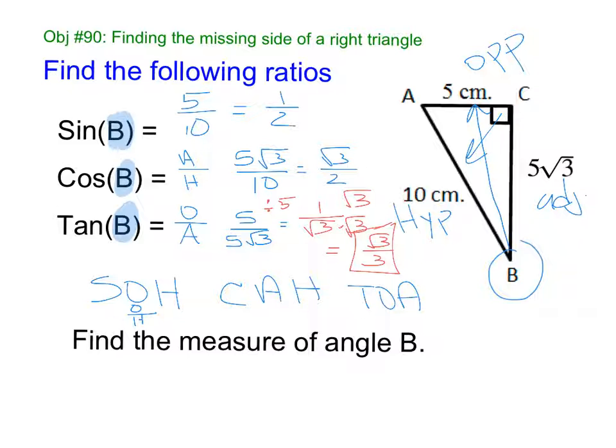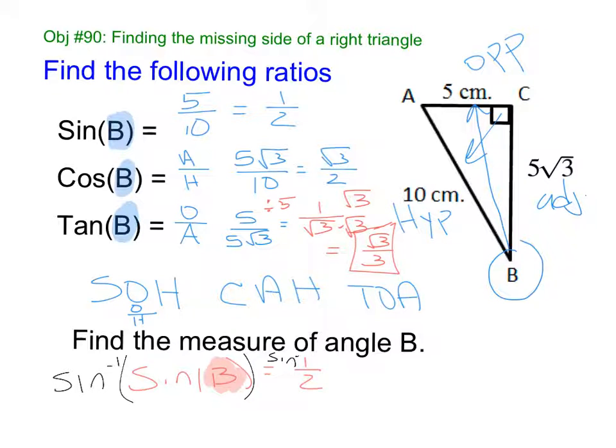Now it says find the measure of angle B. So pick any of the problems that you just solved. I'm going to use sine because it looks like it's going to be the easiest. Sine of B equals 1/2. So to find the measure of the angle, B is stuck inside those parentheses. To get rid of the parentheses, we need to use the inverse. The inverse of sine is sine minus 1.